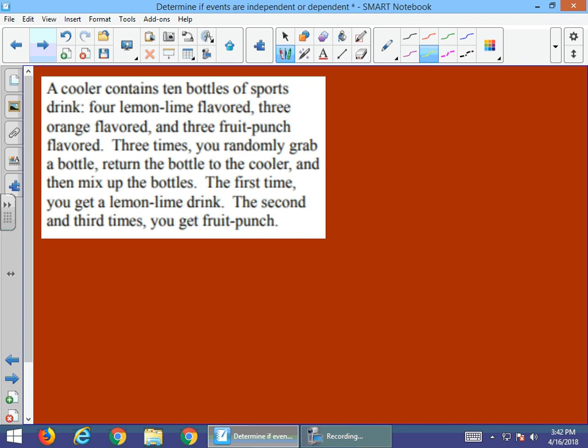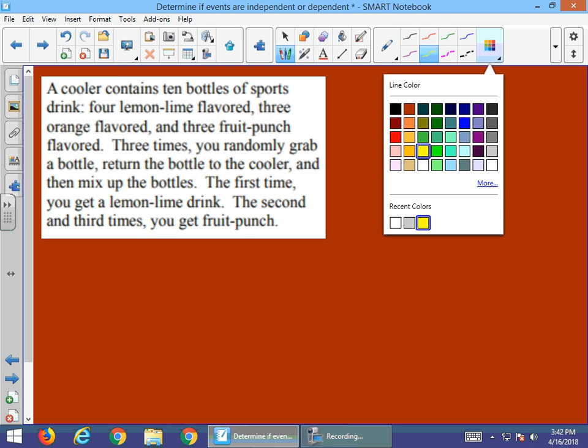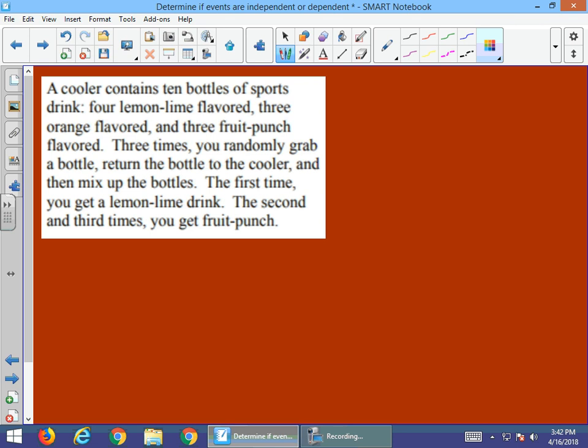Right here, this one says a cooler contains 10 bottles of sports drink. Okay, so I have 4 lemon limes, 3 orange, 3 fruit punch. Those are my 10 drinks in the cooler. 3 times you randomly grab a bottle, return the bottle to the cooler.